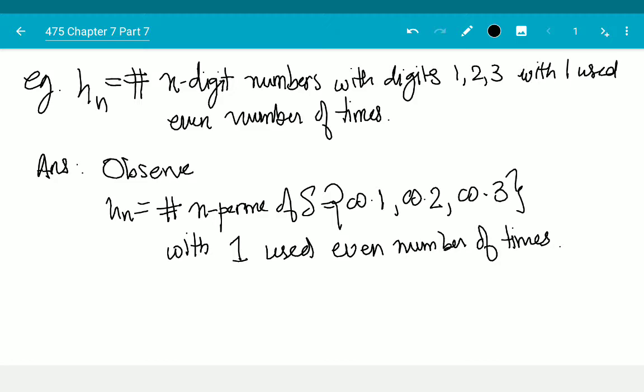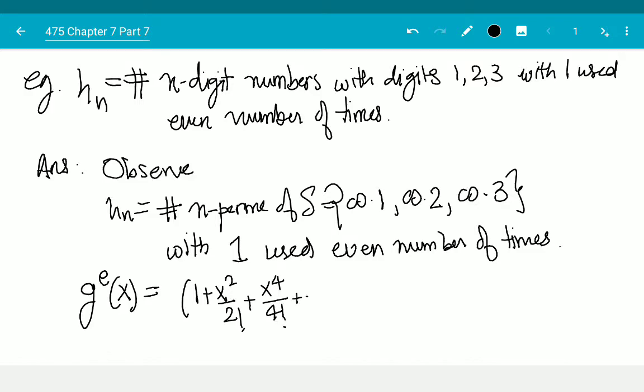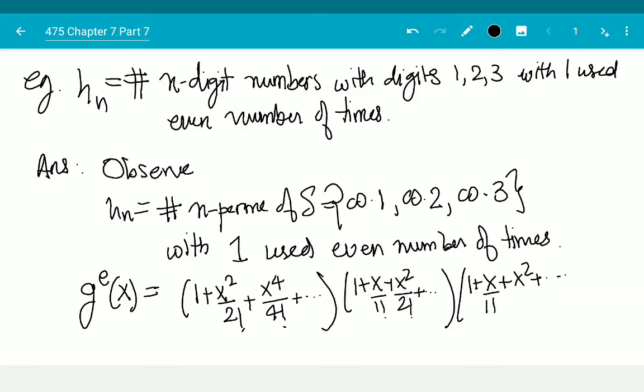The one which had the complicated formula with fn's, and I know that the generating function I get there, regardless of whatever hn is, is basically 1 plus x squared over 2 factorial plus x to the 4 over 4 factorial plus dot dot dot, since I'm only allowed even terms for an even number of ones, times 1 plus x over 1 factorial plus x squared over 2 factorial plus dot dot dot, which is basically e to the x for the number of 2's, and 1 plus x over 1 factorial plus x squared over 2 factorial dot dot dot for the number of 3's.